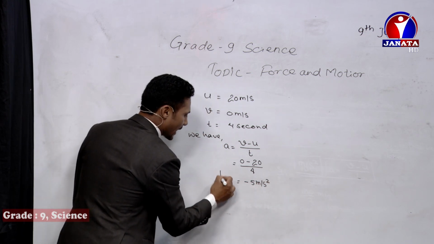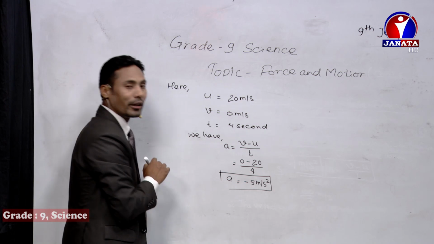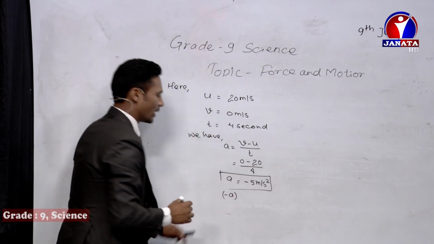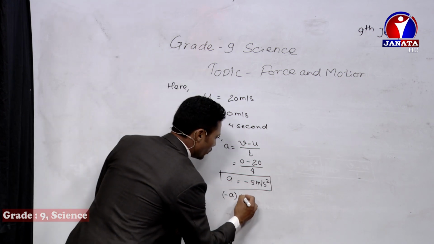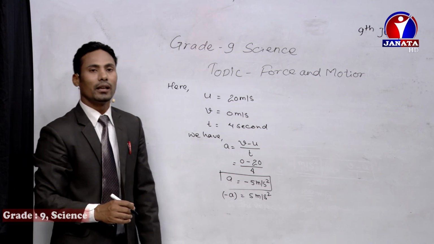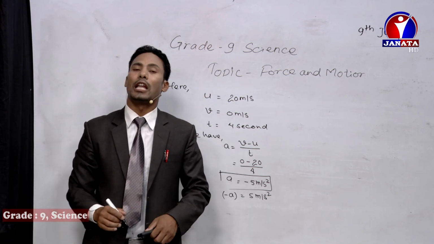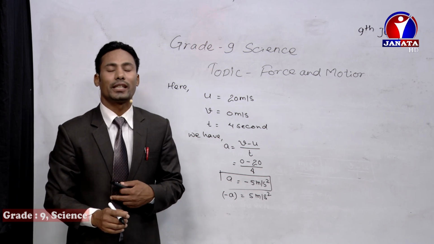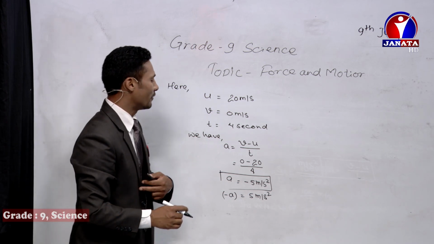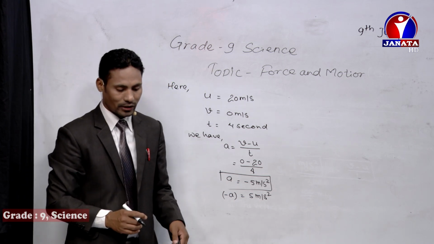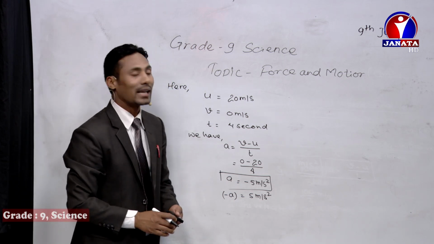Look here, the acceleration is negative, so we write minus a, the retardation, equals 5 meter per second square. If there is a decrease in velocity, that is retardation, and it is represented by a negative sign. So this is about retardation and acceleration.